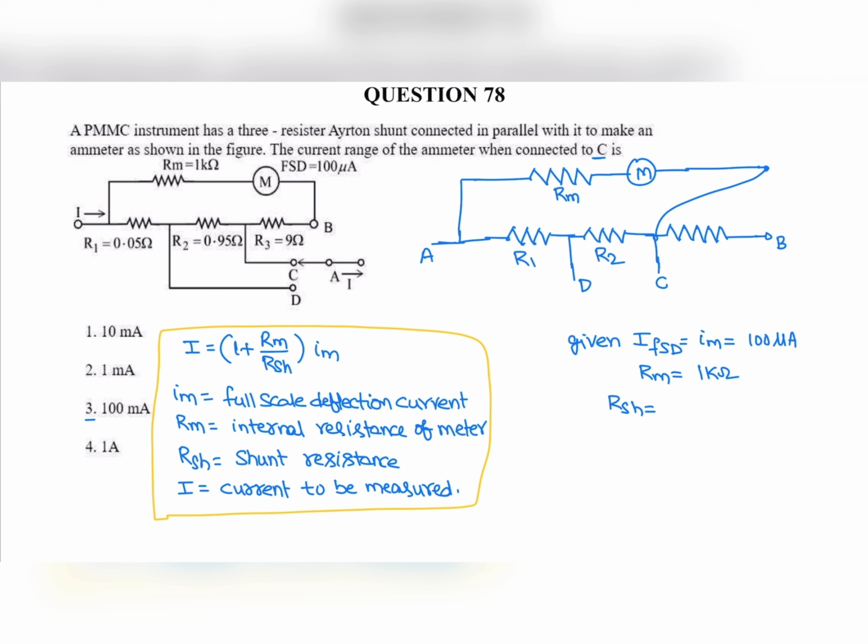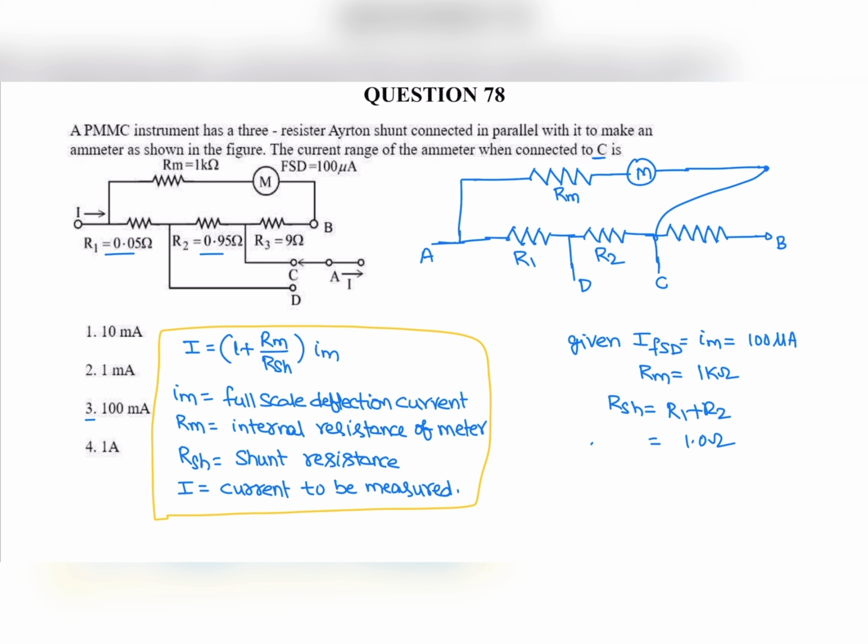Now the shunt resistance is R1 plus R2, that is 0.05 ohms plus 0.95 ohms. Its value is 1 ohm.